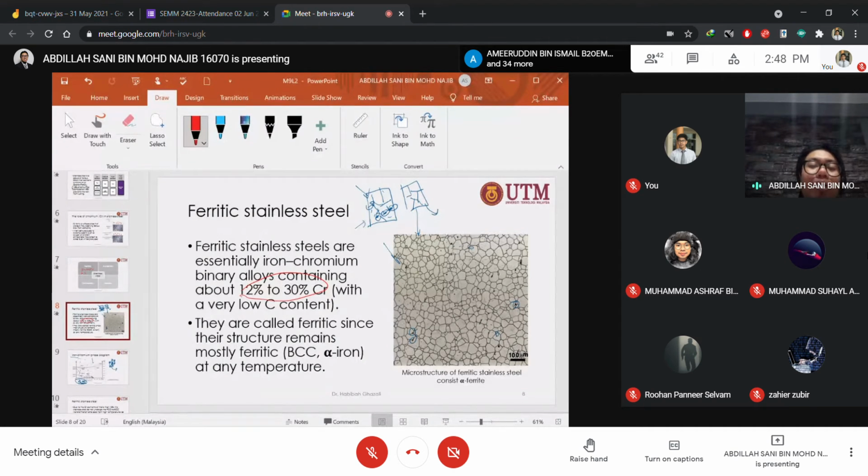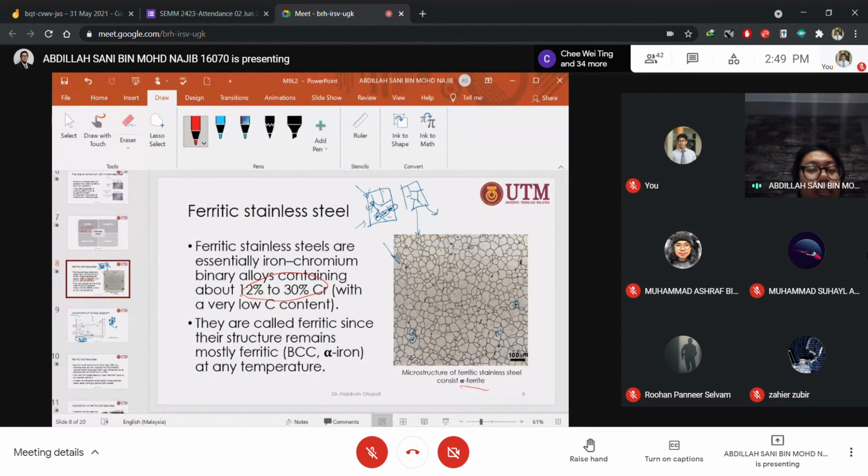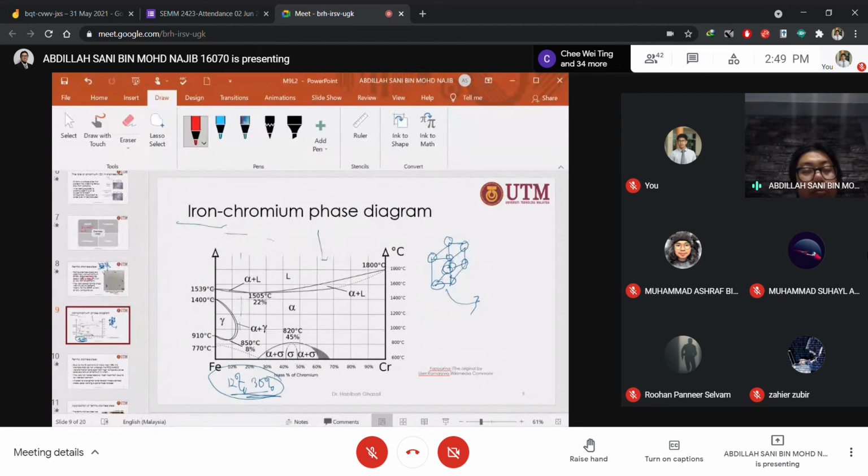We have very low carbon, which means there is only a very tiny amount of carbon-related species, like pearlite or cementite. Mostly the microstructure is made up of ferrite. And this is how it looks like.